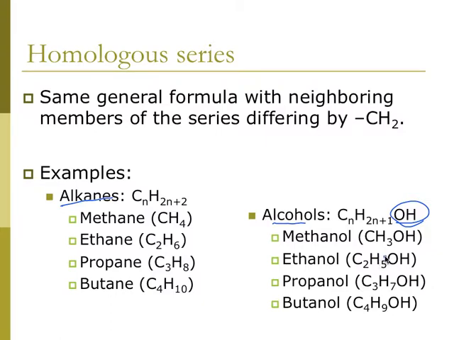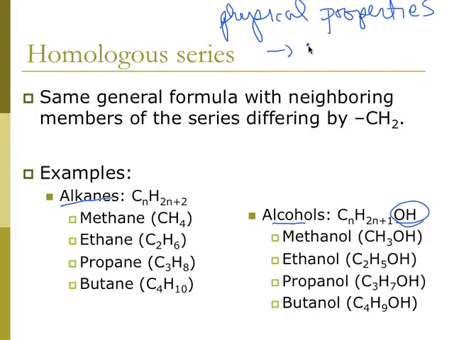Thing that you have to remember is that a lot of these physical properties of these different compounds, such as boiling points and melting points, have to do with the intermolecular forces.